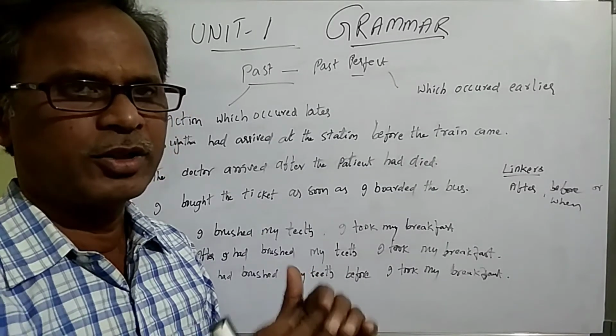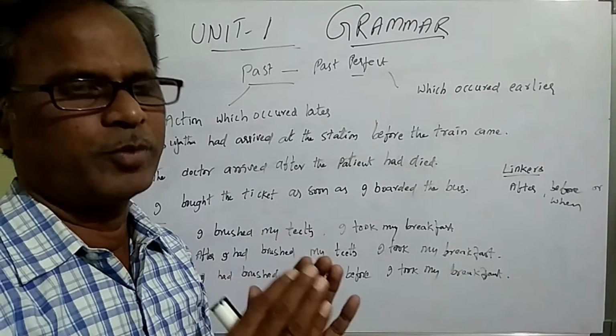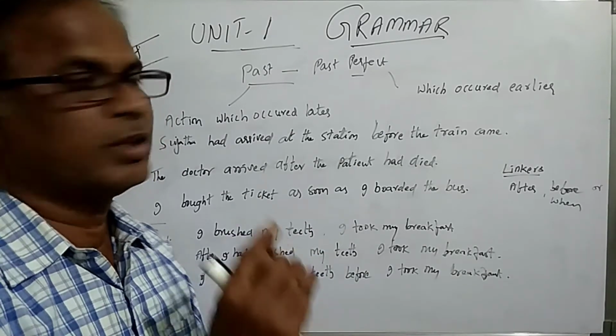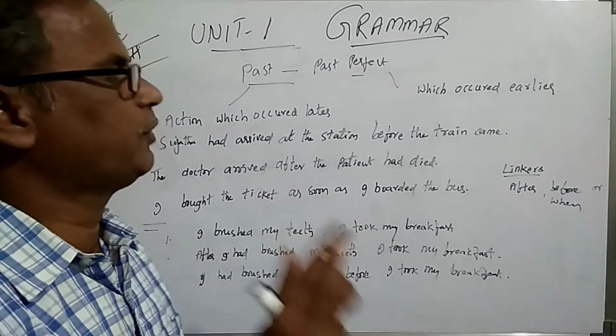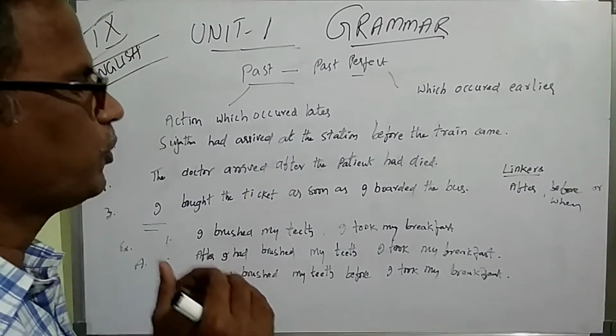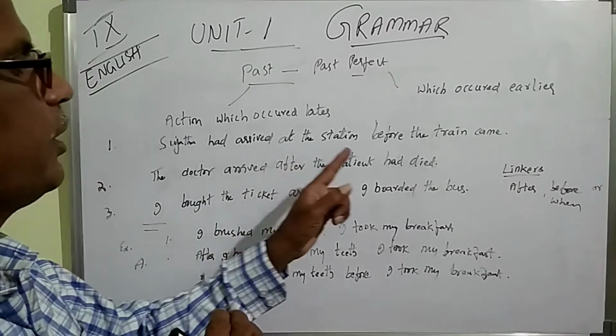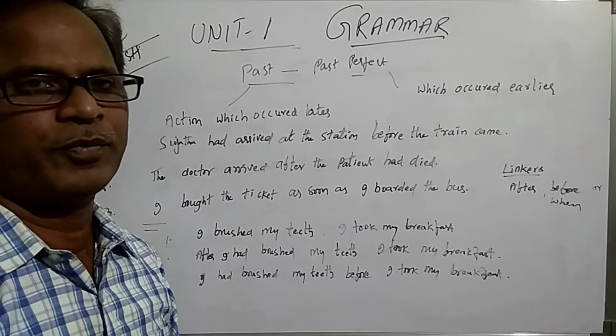Children, consider that two actions are given in a sentence. You have to observe which action was completed or occurred earlier. For that we have to use the past perfect.